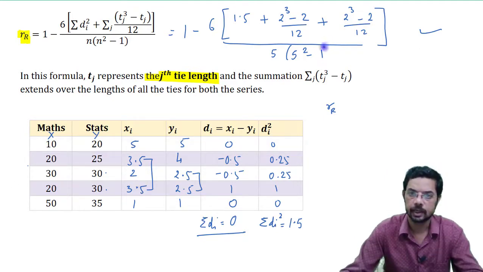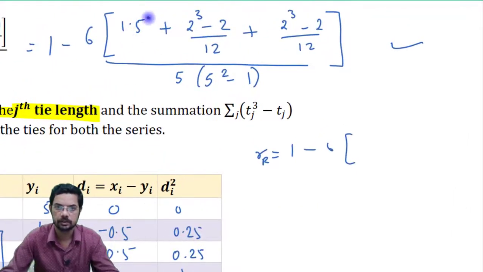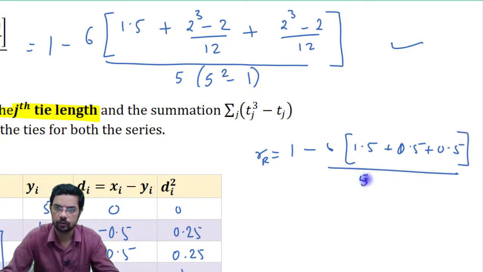So RR will be equal to 1 minus 6 into 1.5 plus, 2 cube is 8, 8 minus 2 is 6, 6 by 12 is 1 by 2, which is 0.5, plus again 0.5, divided by 5 into 25 minus 1, which is 24. Okay, we have 24 here.